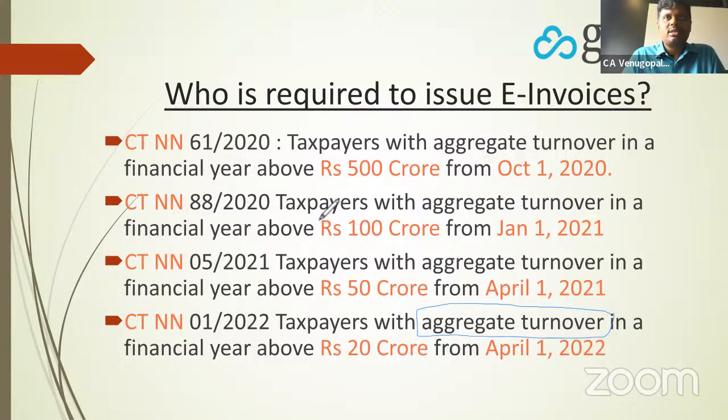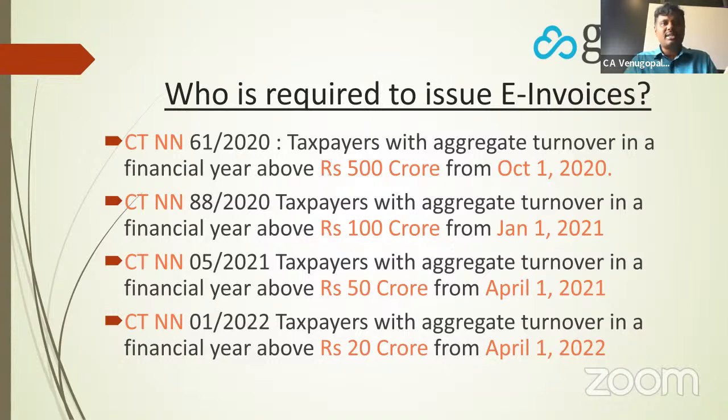This is not GSTIN-based turnover, but PAN-based turnover. Second, this turnover is not for the previous year only. It is for any of the previous financial years. If the turnover has exceeded the limit in any of these previous financial years, you have to do the e-invoice.